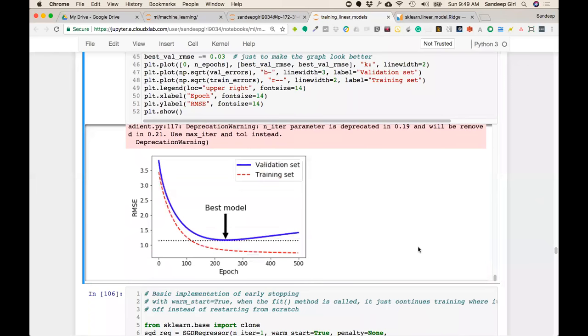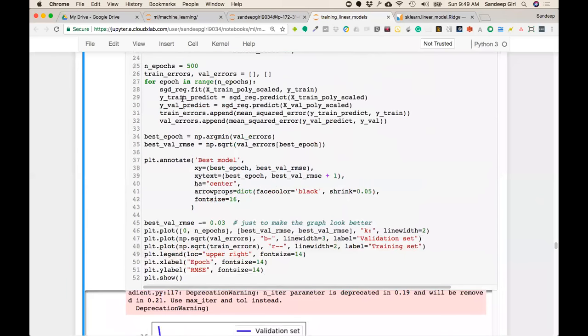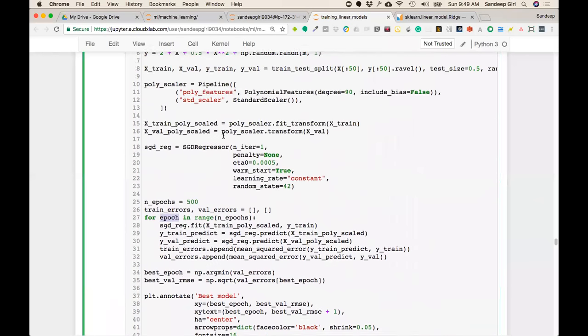Here it is. So this is the epoch. So what we are doing is, let me go up a bit.